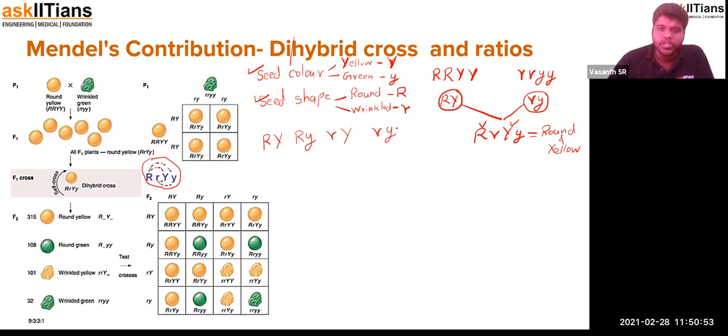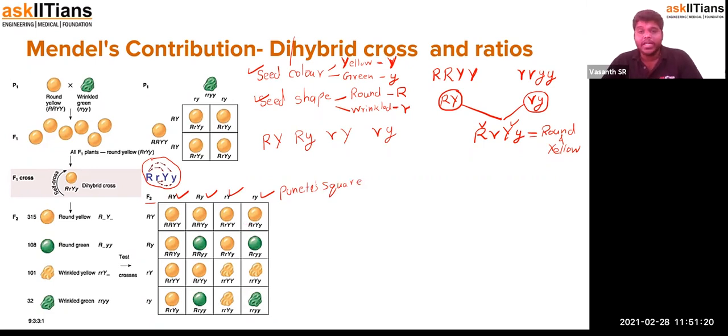By doing so, we get a combination over here. You see capital R capital Y, capital R small y, small r capital Y, small r small y. We do that on both sides. This square-shaped structure is called a Punnett square. This Punnett square is an easy way to acquire the ratio.